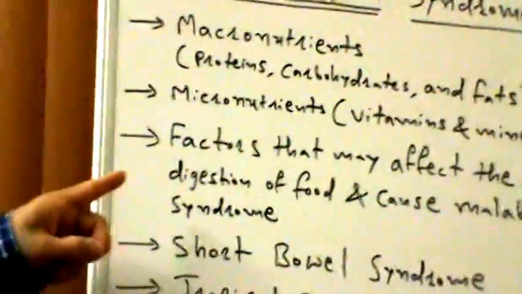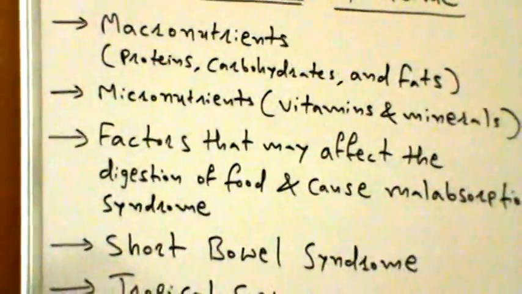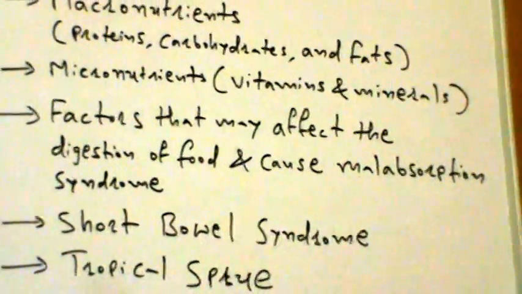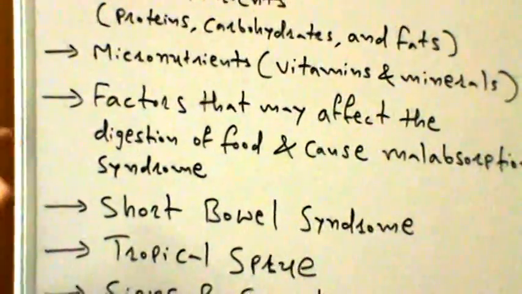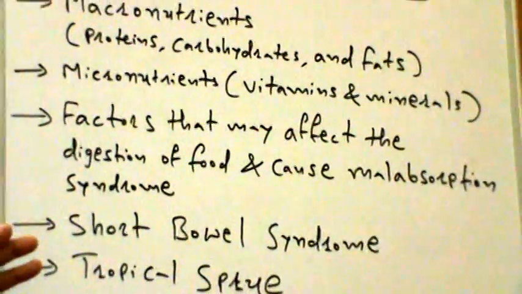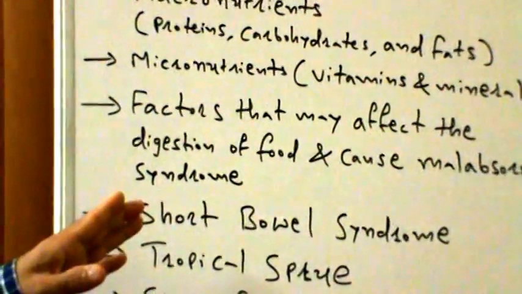So with that, what are the factors that may affect the digestion of food and cause malabsorption syndrome? That includes prolonged antibiotic use, celiac disease, which is a huge market in the food industry, talking about the gluten-free diet.